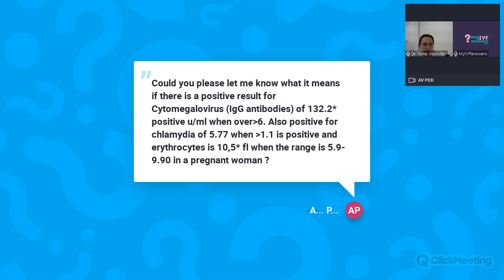And then about the erythrocytes, I think it's not a very important thing, but again, I would contact my obstetrician and hear what he or she thinks about it. What we do know is that during pregnancy we normally have a change in the hemogram, that we can have more anemia, or the levels of hemoglobin, for example, go down a little bit.